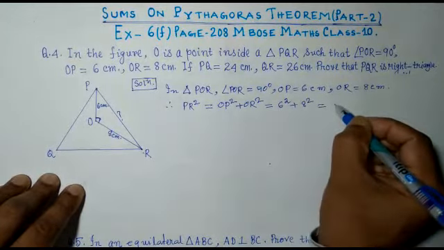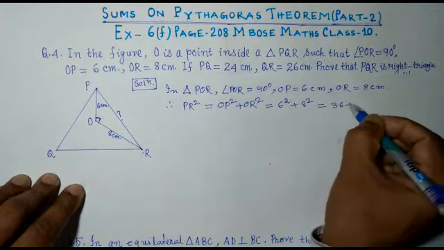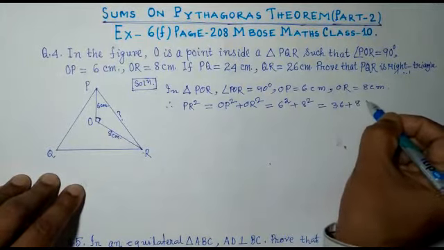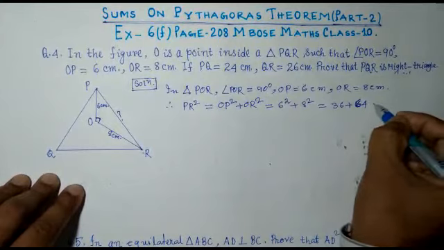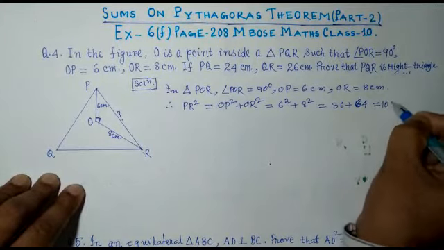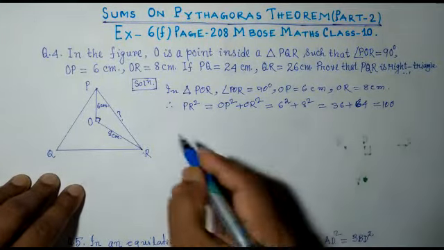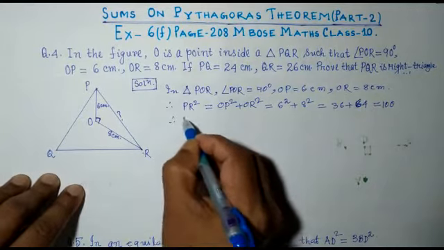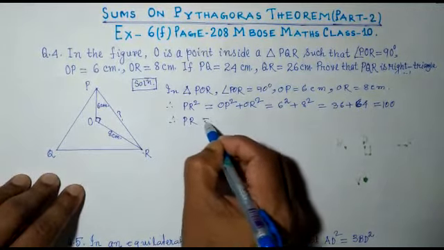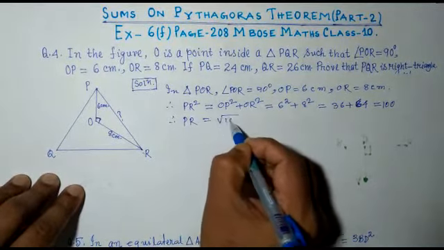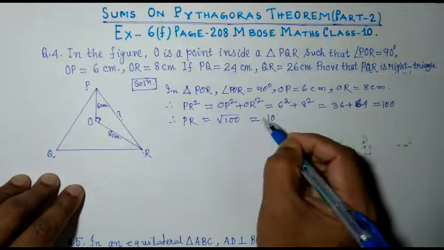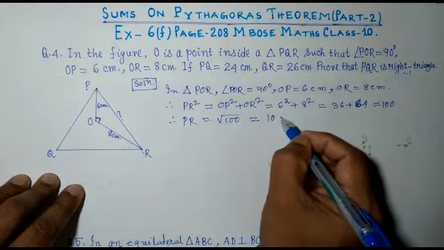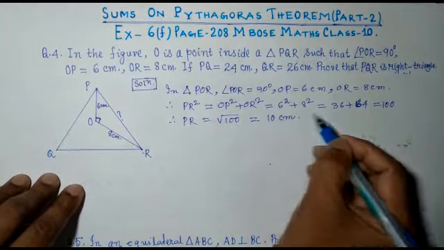Multiplying, 36 and 8 square is 64. 36 plus 64 is 100. So PR is equal to square root of 100. Square root of 100 is what? 10. Question given in centimeter, so it is 10 centimeter.